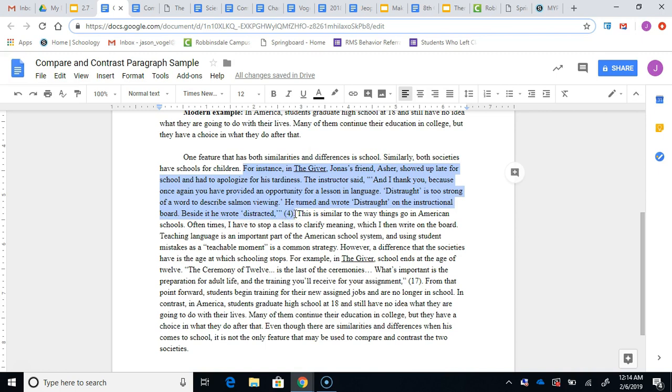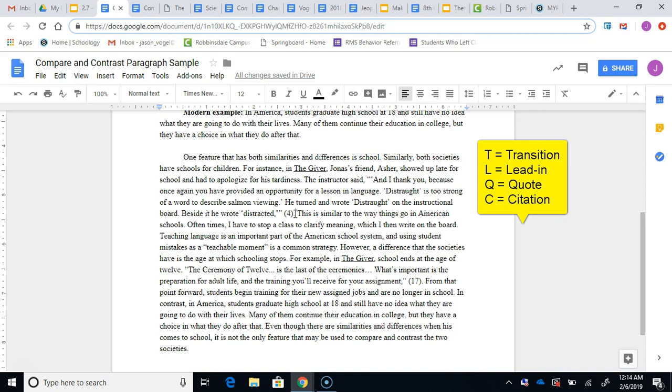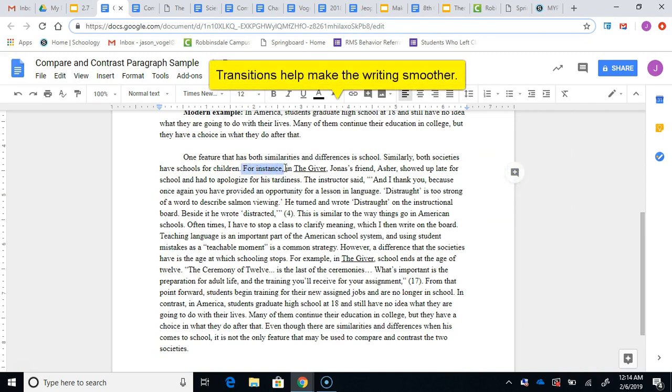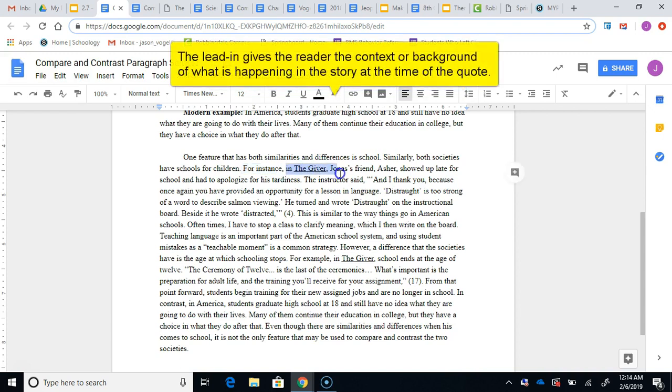So the strategy that I used for that was TLQC, which stands for transition, lead-in, quote, citation. For instance, was my transitional phrase, and after a transitional phrase I put a comma. Then I give my lead-in that gives the context or background of the quote in the book.